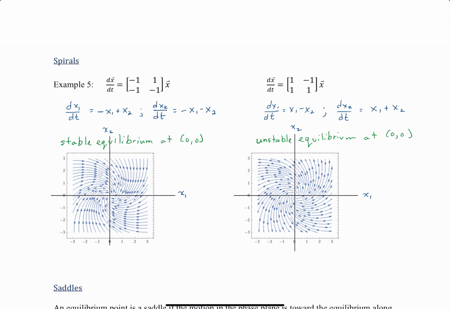Whereas over on the stable one, even if I don't drop my ball right on the origin, it's going to get pulled towards the origin by the currents. And even if something pushes it off that equilibrium point a little bit, the currents are going to tend to push it back to the equilibrium point. So it's going to be stable or fairly stable at the origin.